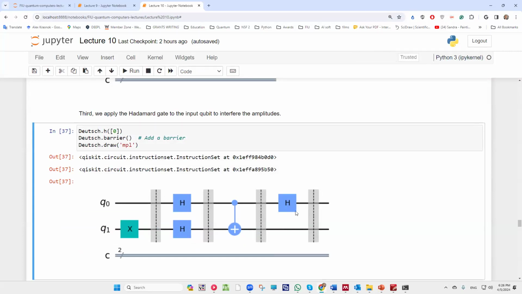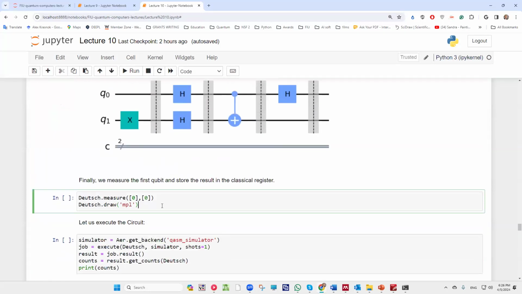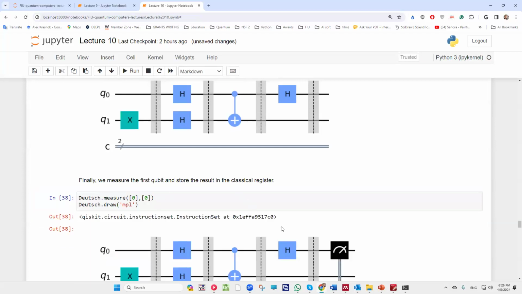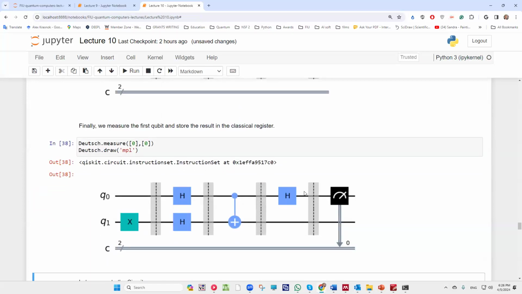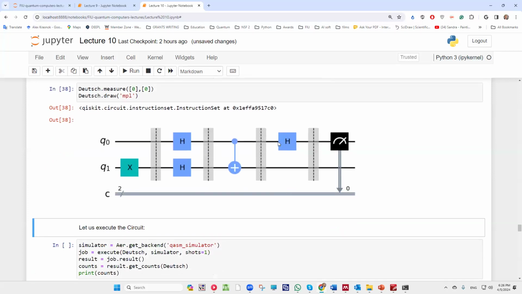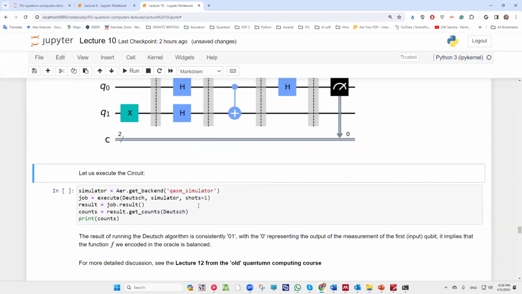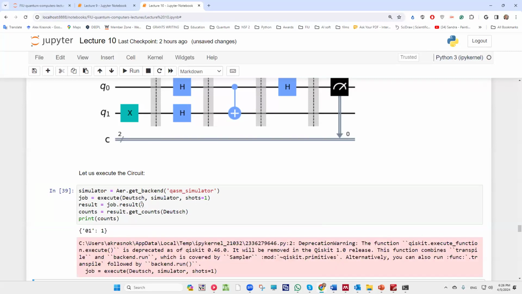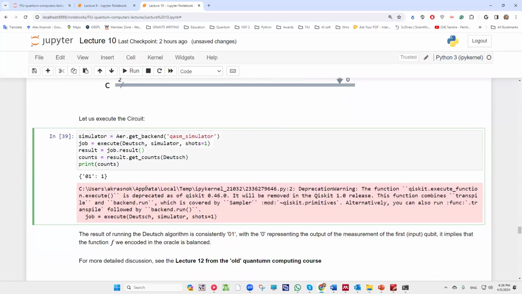So following the procedure, after my black box, I apply another Hadamard before the measurement, and again measure the first qubit in the plus minus basis, because of the Hadamard. Let us execute this circuit. This is just one run here, and the result is this one.